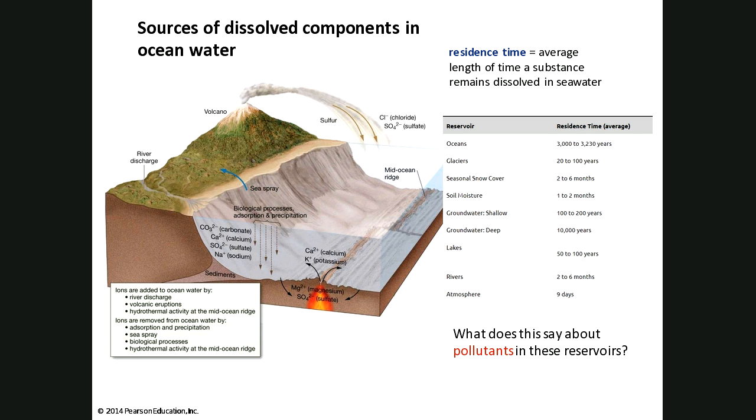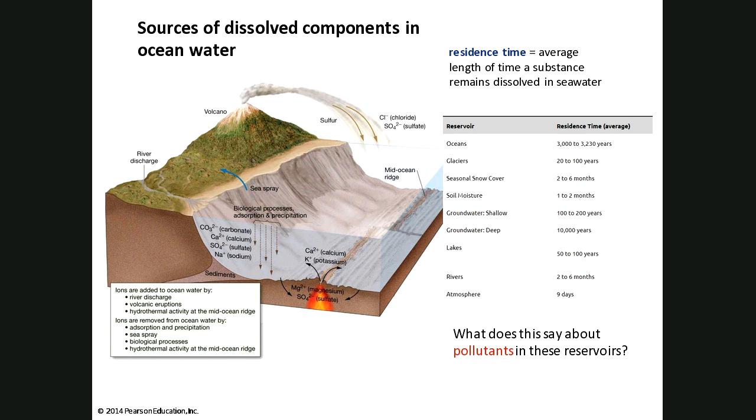What's the average amount of time that some substance, good or bad, remains dissolved in lakes, in oceans, in rivers, all of these places? It's not just in seawater, but like I said, in seawater, since the ocean is so big, now it's not that big, especially if you think about all the rivers dumping into it. Rivers would have less of a residence time because, of course, things are flowing through it.